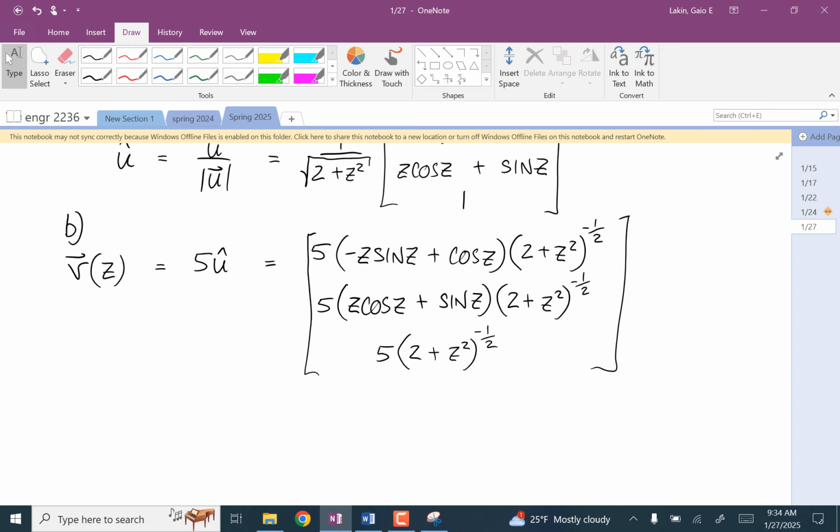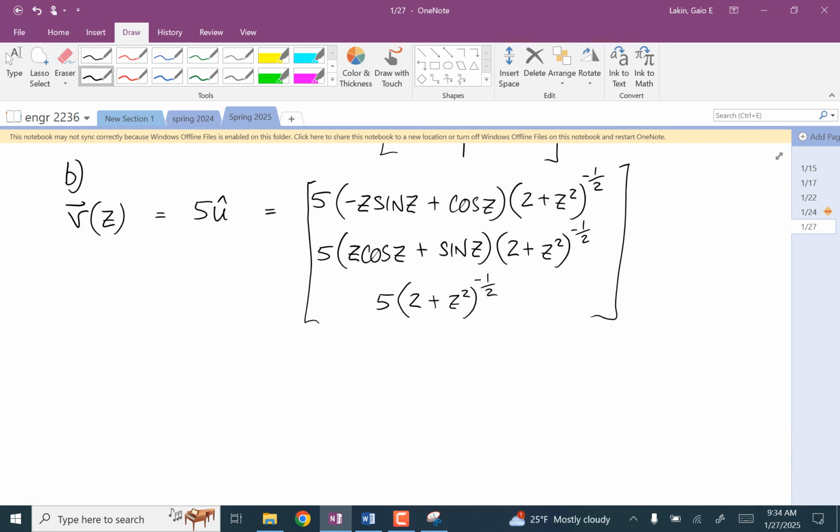That's why acceleration is so important to us. If all you care about is the kinematics, then you're probably happy with the velocity and the position. But if you're trying to figure out the force, you have to figure out the acceleration.